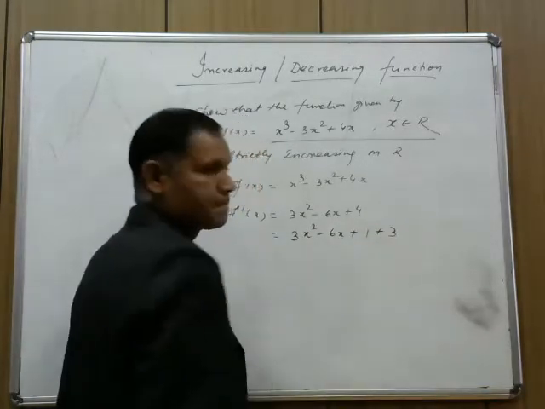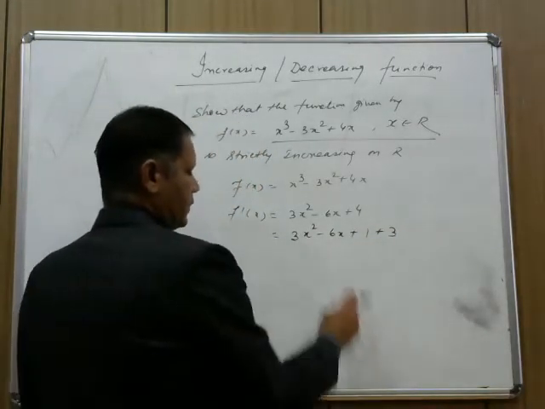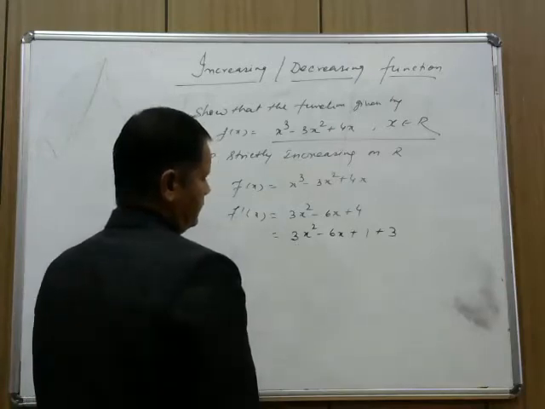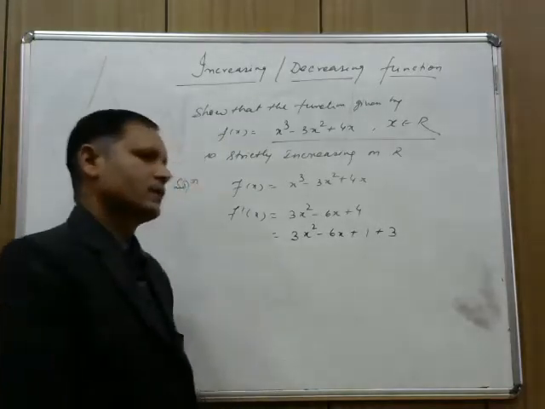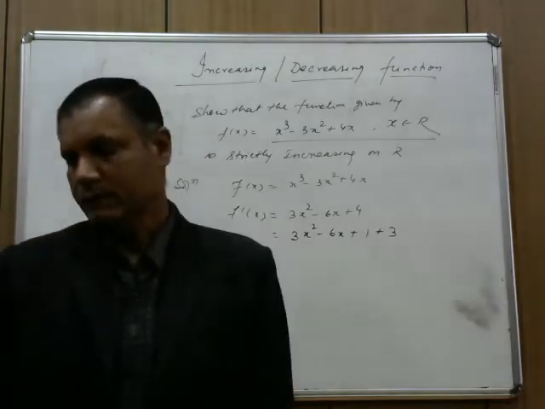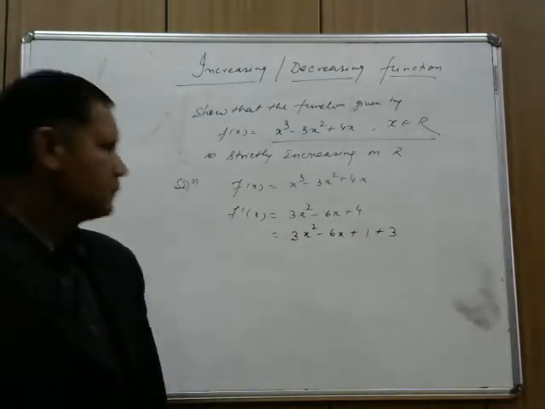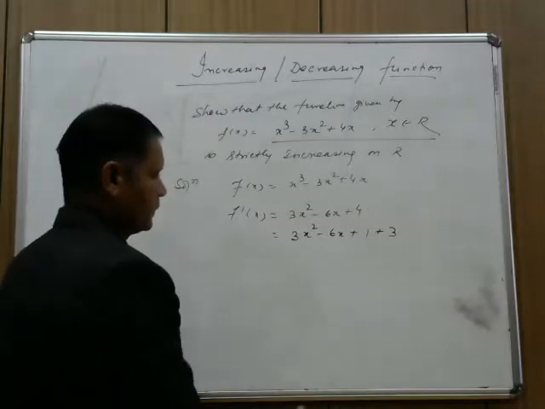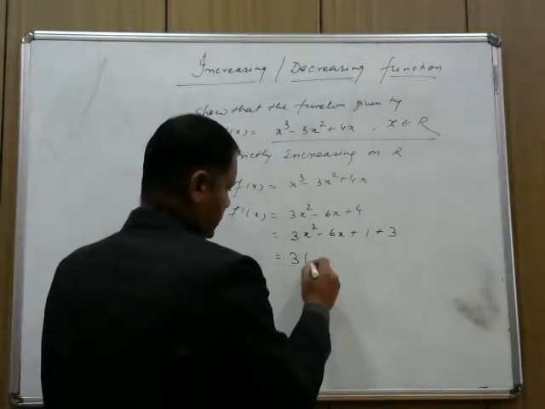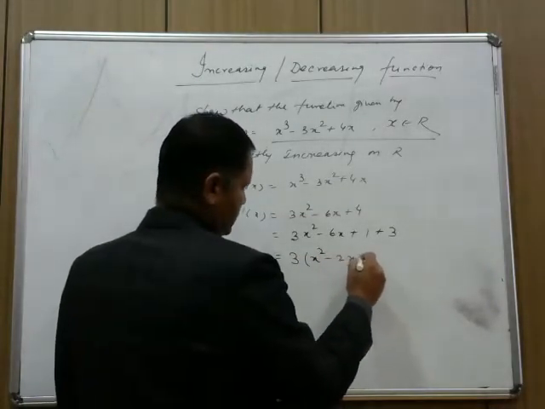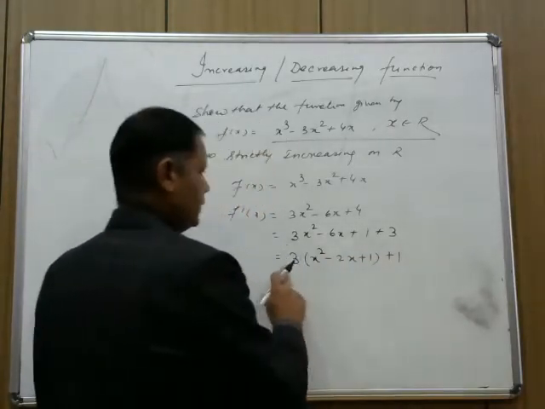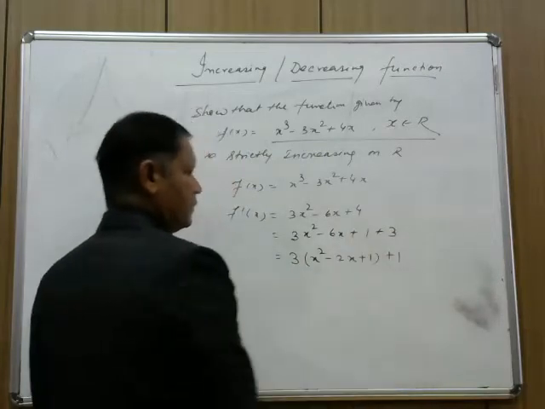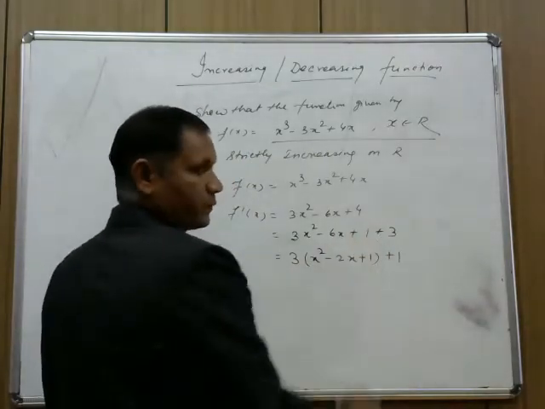Taking 3 common, I would like to make it 3 times (x square minus 2x plus 1) plus 1, since 3 plus 1 is 4.